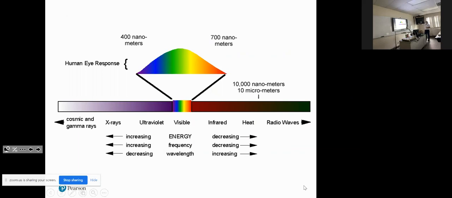Sorry, I got it backwards. Radio waves would be to your right, and the higher frequencies like X-rays, cosmic rays and gamma rays would be on our left. So our range is right after infrared and right before ultraviolet, within that visible spectrum.